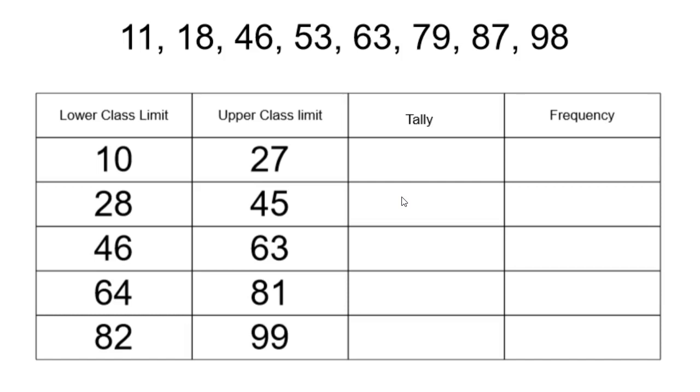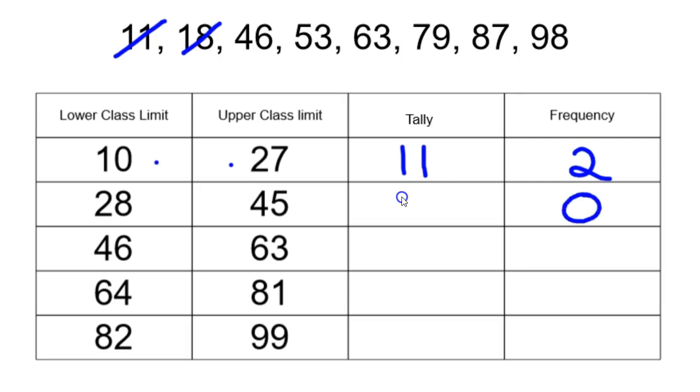So all values from 10 to 27. If you take a look here, here's 10, here's 27. There are two values, two tallies. There's 11 and there's 18. So our frequency is 2 between 10 and 27. Between 28 and 45, we don't have any, so that's 0.